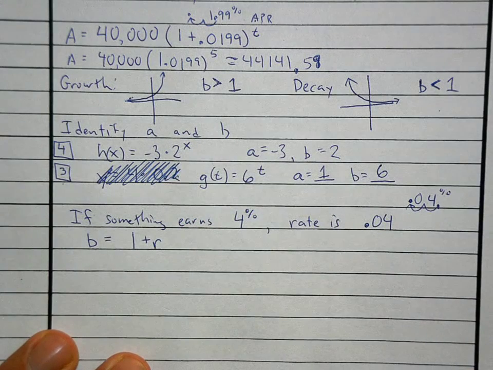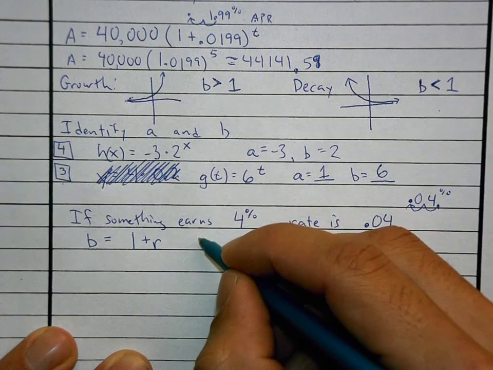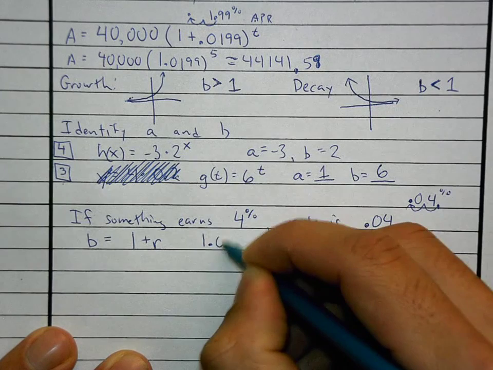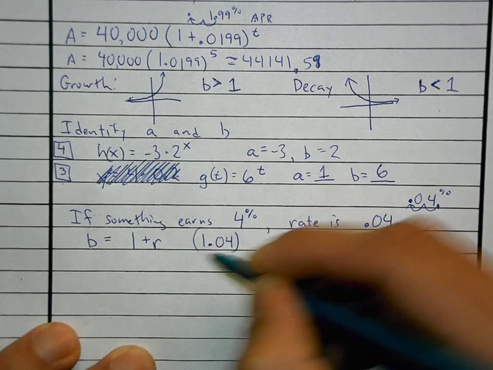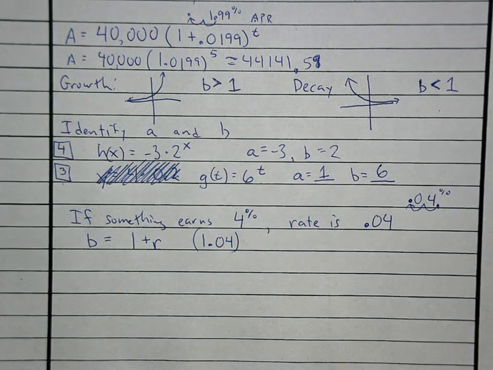That's what we wrote down earlier. So if I want to know what the base is, when something earns 4%, the base would be 1.04.